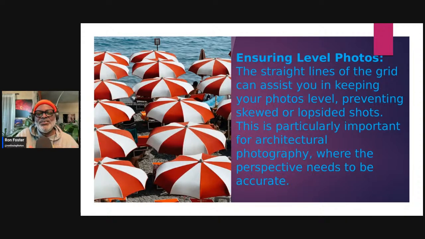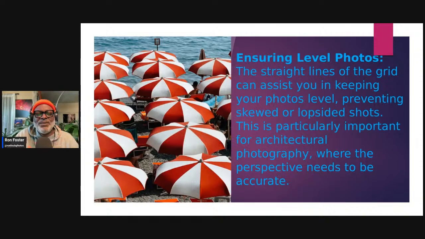Okay, here's number 3. Ensuring level photos. The straight lines of the grid can assist you in keeping your photos level, preventing skewed and lopsided shots like I used to do. I've had my lopsided shots.